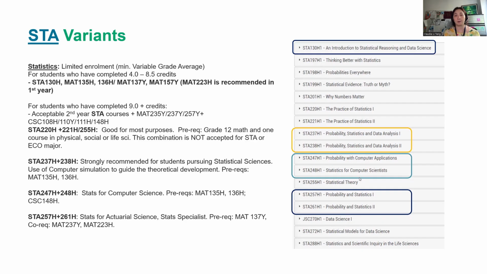So you can choose that if you are in computer science, or you take a higher one, but they are all mutually exclusive, so you only choose one combination. They also stress that if you choose the first one, 237, then you have to do the 238. You can't combine 237, for example, and then 248. Okay, so this is just something to keep in mind, and another example of what variants are.